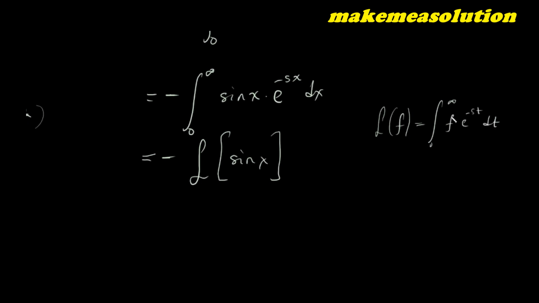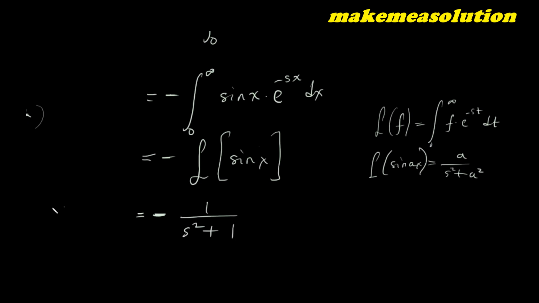This is the definition of the Laplace transform of a function. So the Laplace transform of sine x is the integral of sine x times exponential minus sx dx. And of course, we know that the Laplace transform of sine ax is a all over s squared plus a squared. So the Laplace transform of sine x, with a being 1, is 1 over s squared plus 1, and you have a minus sign here.